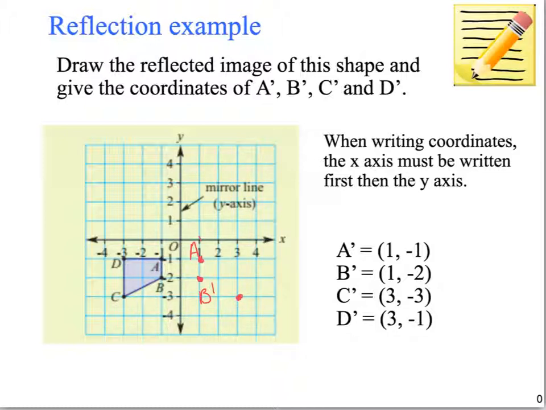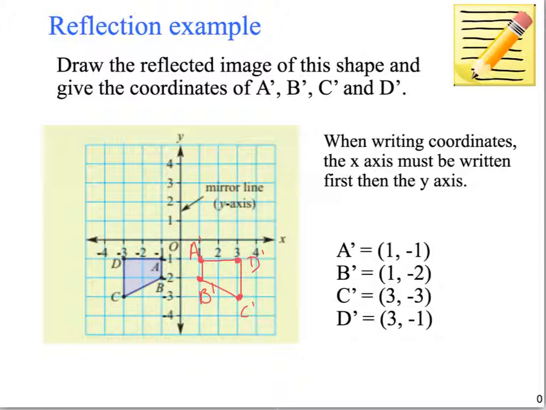And then D is -3, -1, so that may be +3, -1 here. Alright, then I can join them together. And that is my reflected image. And then I can write the coordinates down.